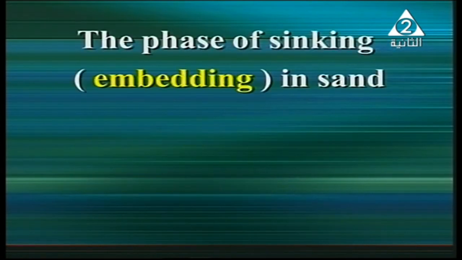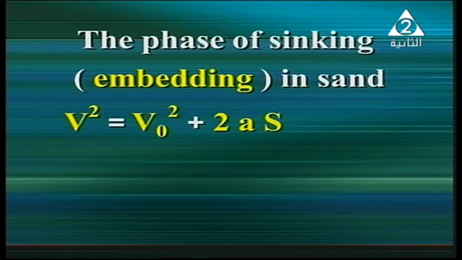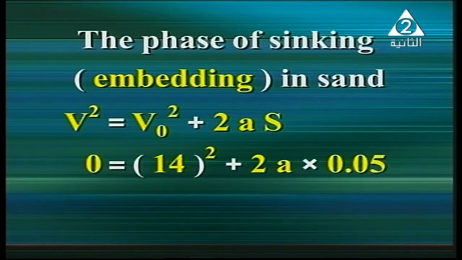After that, in sinking or embedding in the sand, we use the same equation. V square equals v naught square plus 2as. But remember, dear student, v above the sand equals v naught under the sand.